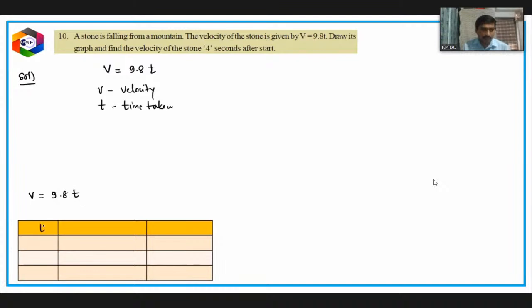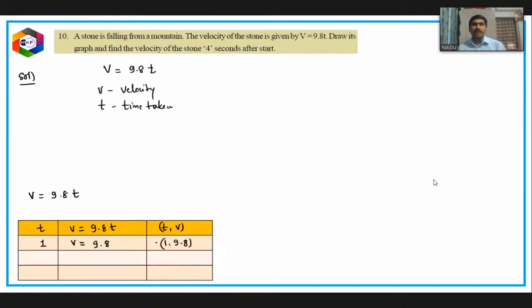Here the time we are taking, and finally velocity we are calculating. So t comma v is the point. First I'm going to take t as 1 second. Now if you take t as 1 second, 9.8 into 1 equals 9.8. So the point will be 1 comma 9.8.